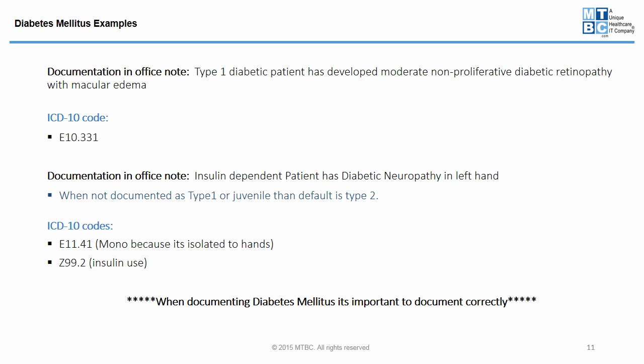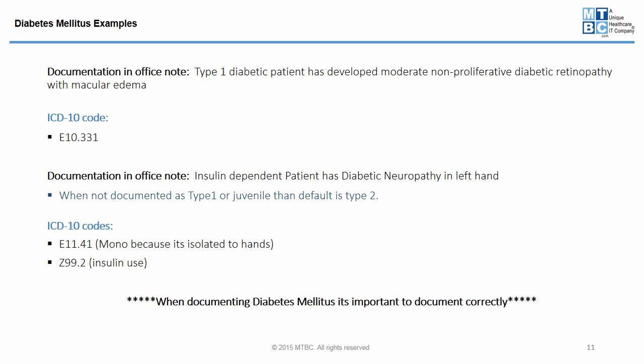So it's important that you document everything that is going to make it easy for anybody to look at that note to pull out the correct information on this patient. Very important. So the documentation you should have on your notes for ICD-10 would be the type.